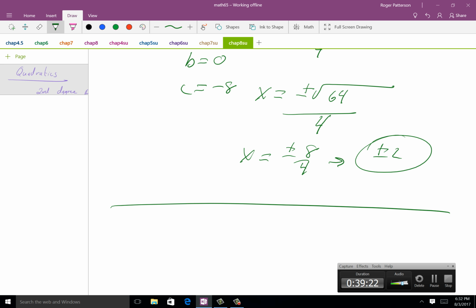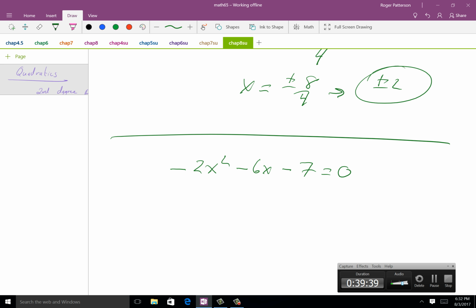There is one time where the quadratic formula won't work. Is this the one? Okay, so we'll do this one and we'll break here.